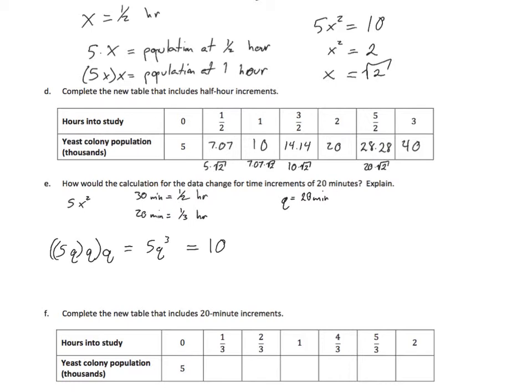So if I do that, Q cubed equals 2. I'm going to divide by that 5 on both sides. And then Q equals the cube root of 2, which we know is 2 to the, remember I have a 1 on the inside, so that 1 is going to be in the numerator, and the 3 on the outside right here will go in the denominator, so 2 to the 1/3.